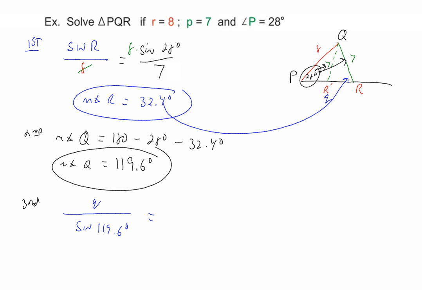And again, I'm going to use the 2 I know. So Q over the sine of 119.6 equals the 7 over the sine of 28 degrees. Move your sine 119.6, and Q equals 22.2.